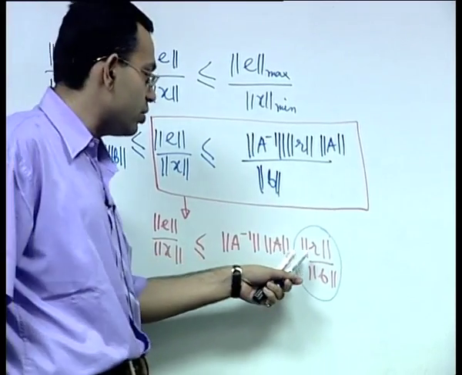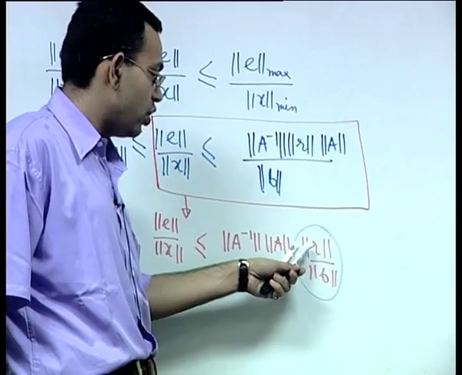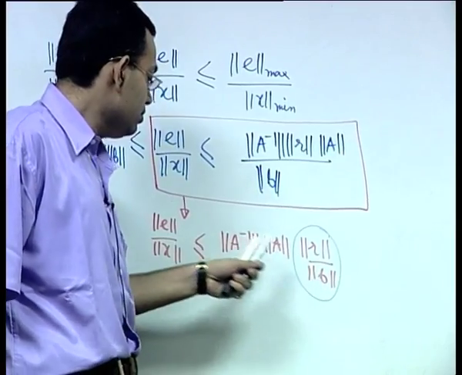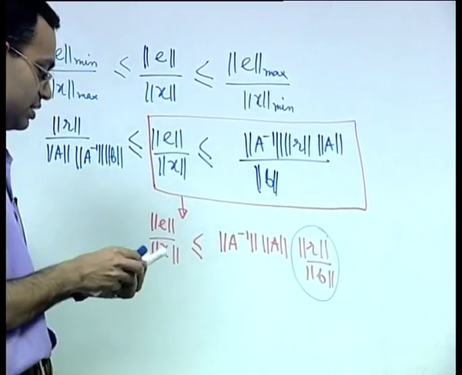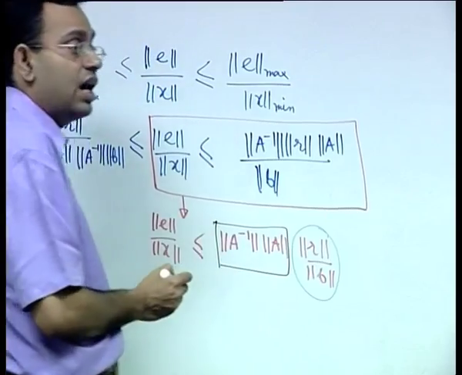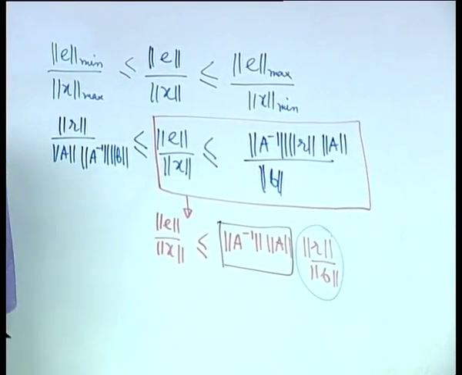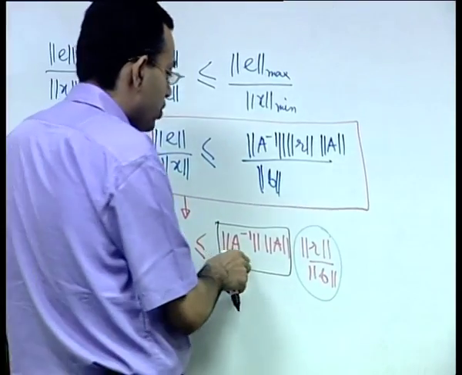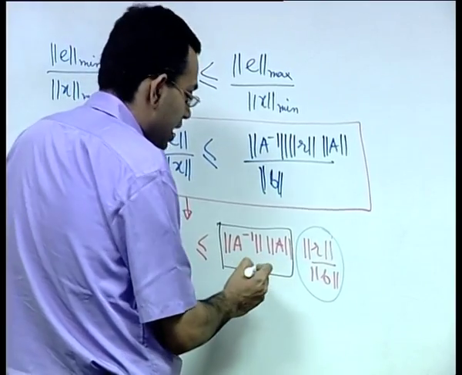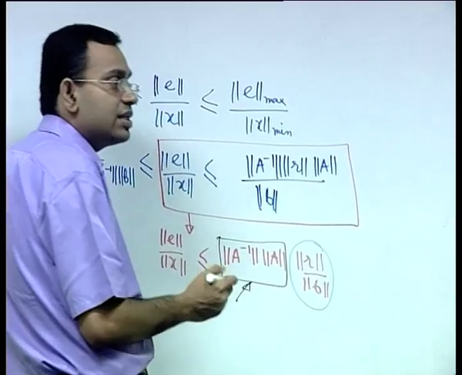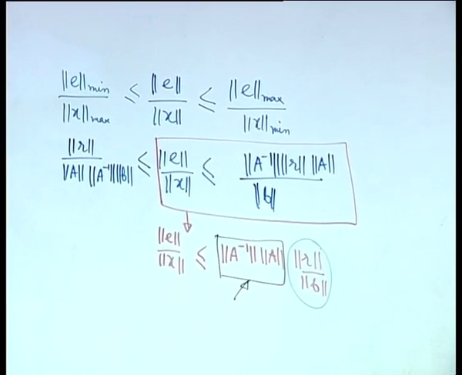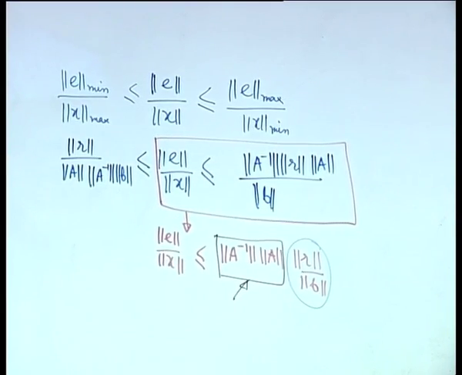But even if norm of the residual by norm of B is small, the relative error may be large if norm of A inverse into norm of A is large. So, it is the largeness of norm of A into norm of A inverse that is a very important consideration, and therefore, this determines the condition of the accuracy of the system of equations that you are solving.